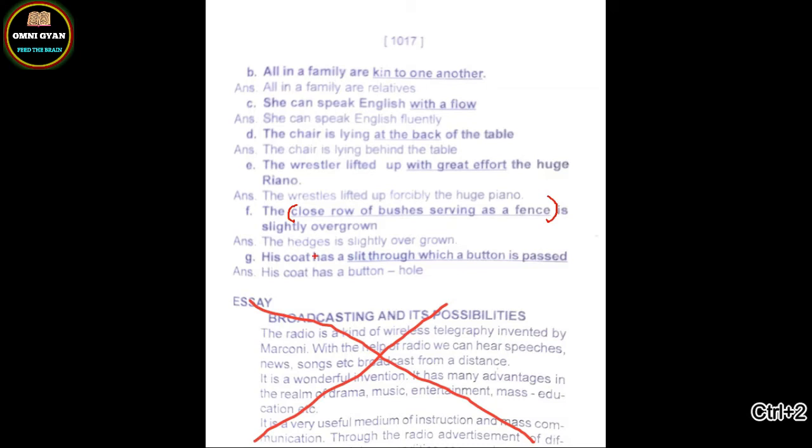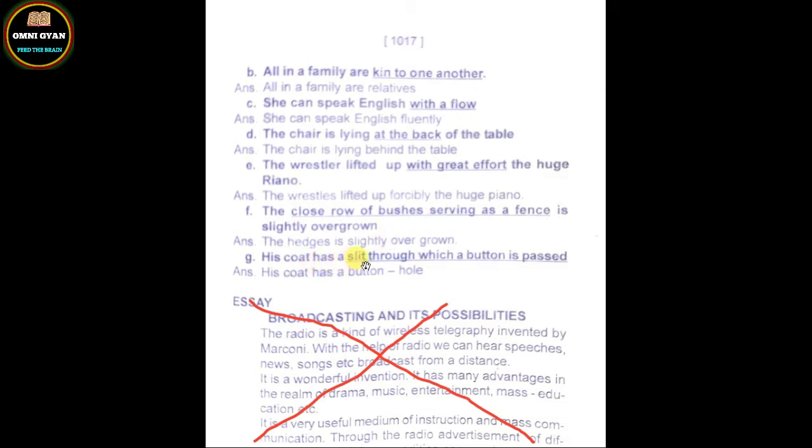When there's a garden, they have these bushes lining up together, which also looks like a fence, like a wall. So close row of bushes serving as a fence means the hedges. The hedges is slightly overgrown. All right, I hope it's quite clear and the answers are already here, but I'm just explaining in case you might find it quite easy.